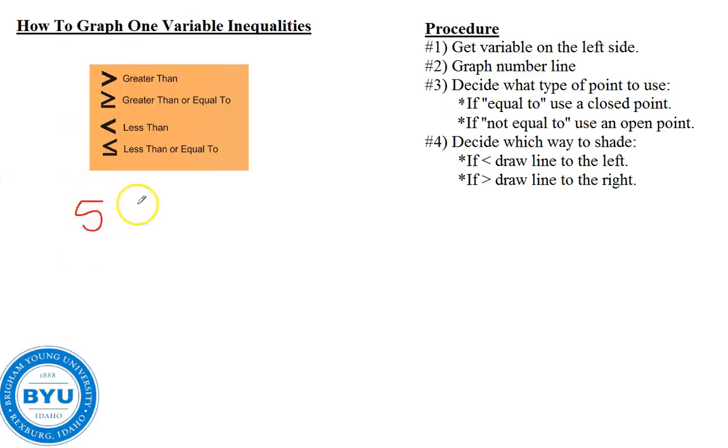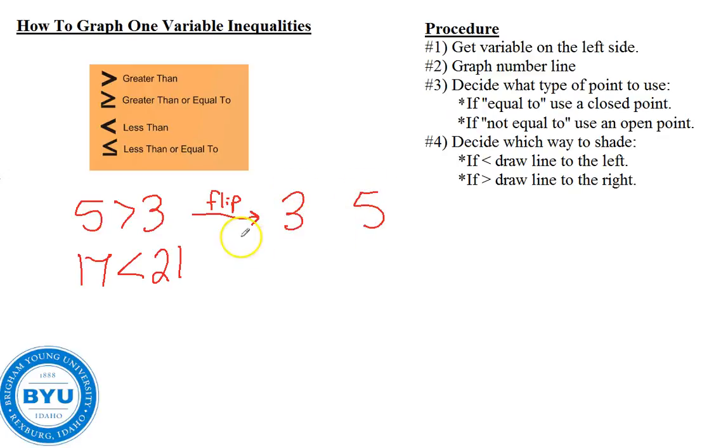For example, we know that 5 is greater than 3 and 17 is less than 21. We often use this representation to compare two numbers. It's important to know that all inequalities can be flipped. If I was to flip this inequality, 5 is greater than 3, I could put 3 on the left side and 5 on the right side, but I would have to flip the sign.